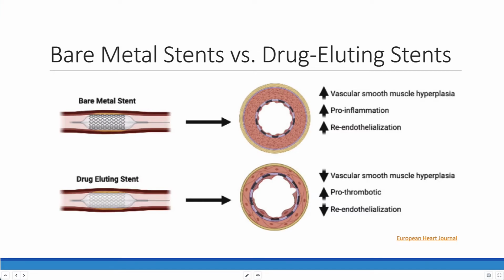Okay, so what is it that these stents do, and how is a bare metal stent different from a drug-eluting stent? Well, when you have a stent in there, you have this muscular hyperplasia that happens. The presence of that stent increases the musculature in the media, the medial layer of the vessel, and that can be a problem.